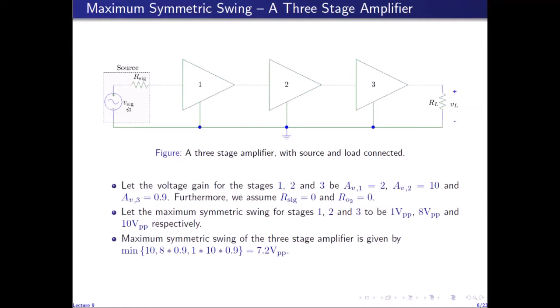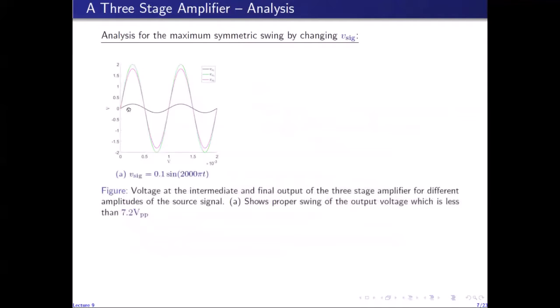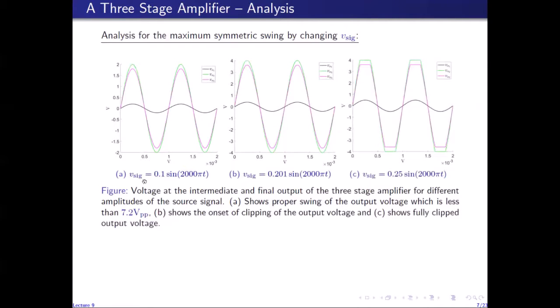So Vsig is a sinusoidal signal of 1 kilohertz, and I set the peak value of the source signal to 0.1 volts to obtain these voltages. So all is well in this figure. The voltage at the output of the first stage, as well as the second and third stages, is a sine wave.